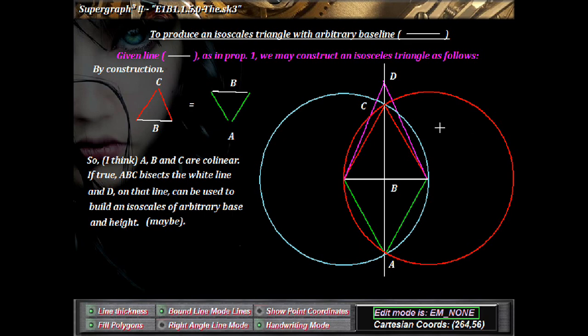Forgetting, of course, that I have not yet proved that this is a bisector of this line, and in order to do that, I would need to be able to provide evidence that either these are right angles, which I don't know how to show, or that these lengths are equal, which I don't know.